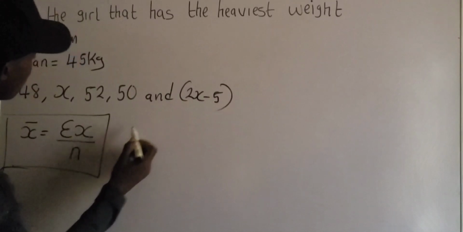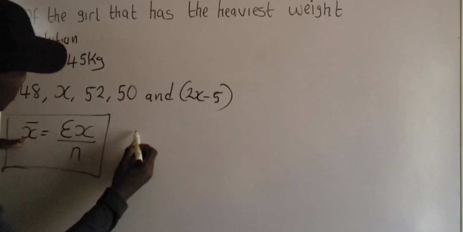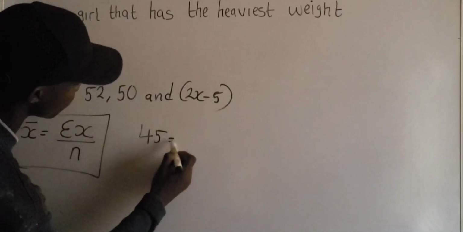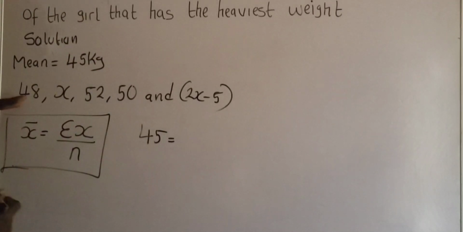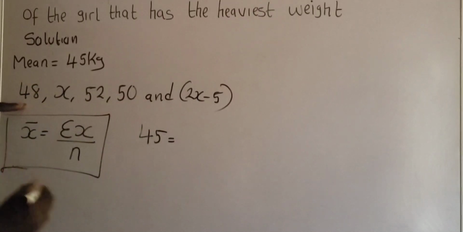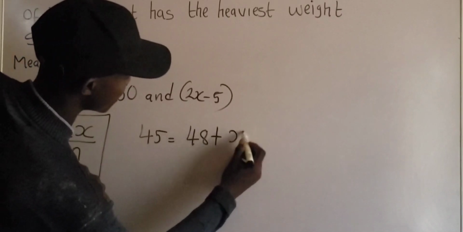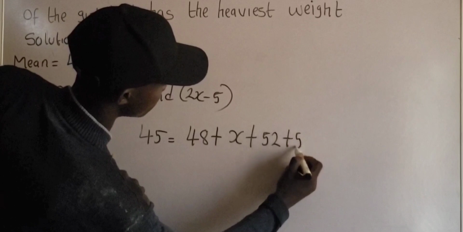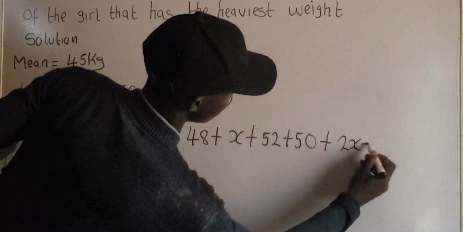Now I'm going to equate from this formula. This is the mean. You understand? So mean, which is 45. So I'm going to have 45 equals the summation x, which is the sum of all the observations. So I'm going to add all the observations that they gave me in the question: 48 plus x plus 52 plus 50 plus 2x minus 5.